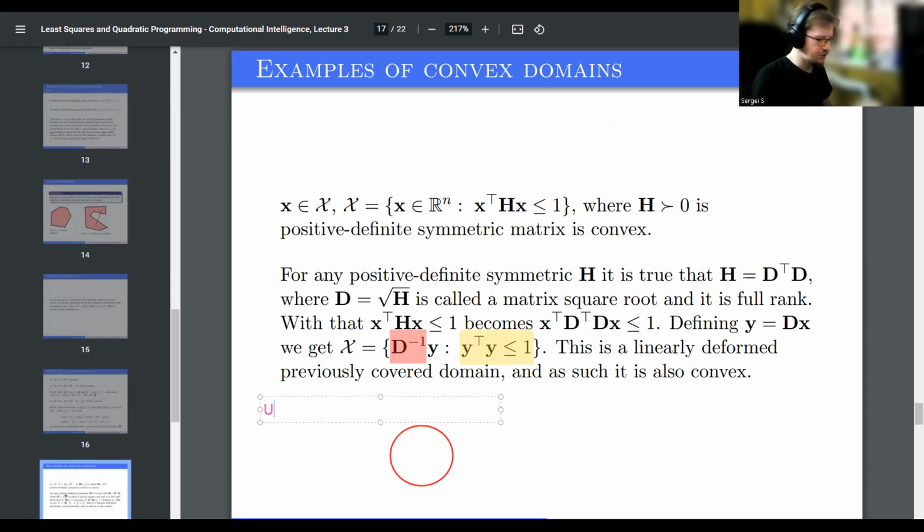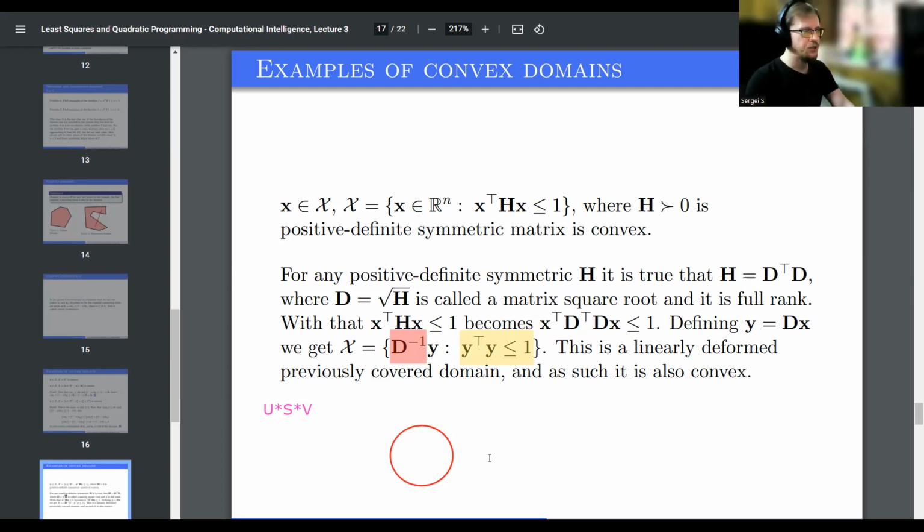So SVD is U times sigma times V. I'm not putting transposes here. V and U are rotation matrices. They are orthogonal, orthonormal even, so they only rotate, and sigma is a diagonal matrix, so it only stretches. So in fact, every transformation first rotates, then stretches, then rotates.